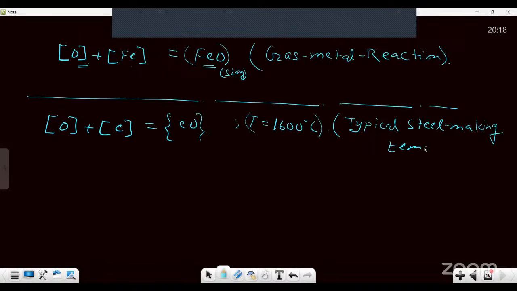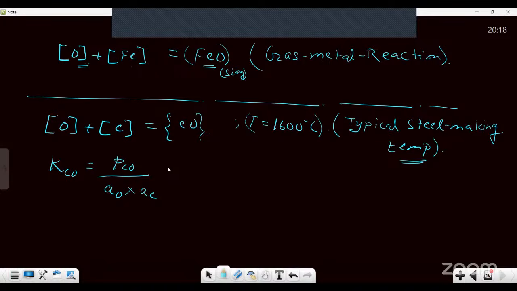So as they are exothermic, the temperature is going to be very high in steelmaking. So if you look at this reaction, what is the equilibrium constant of this reaction? We can say it is nothing but the partial pressure of CO divided by the activity of oxygen multiplied by the activity of carbon. Right?